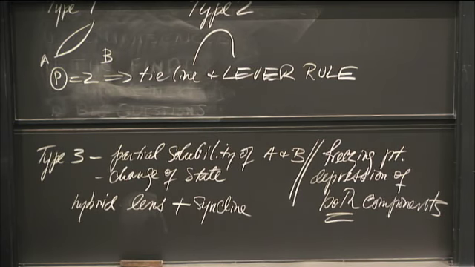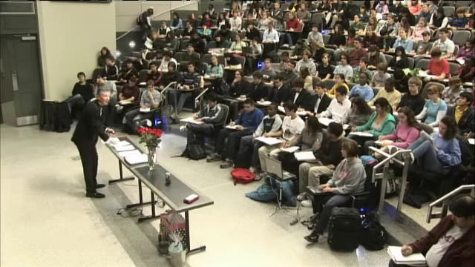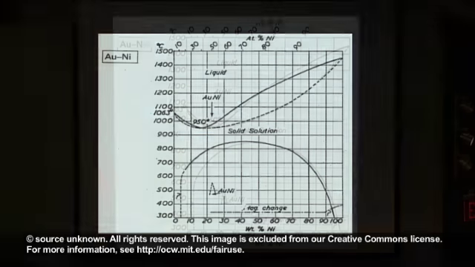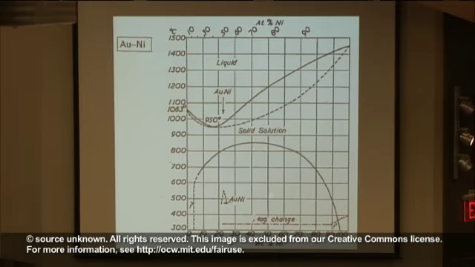So let me get one of those up here so that we can look at it. This is a great diagram to look at. It's gold nickel, and at the top we have a type 1, and at the bottom we have a type 2. And what I'm going to do is mix them. I'm going to hybridize them. I'm going to bring this bottom one up and have it touch the lens. And so what we get is something that looks like this.